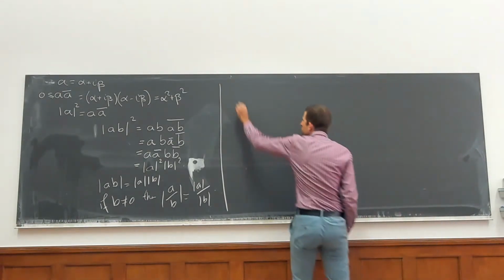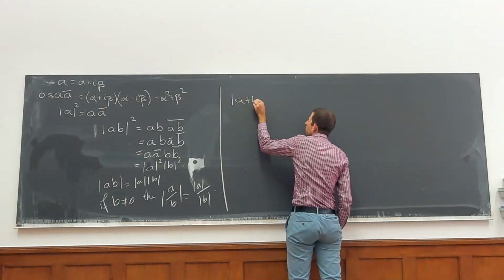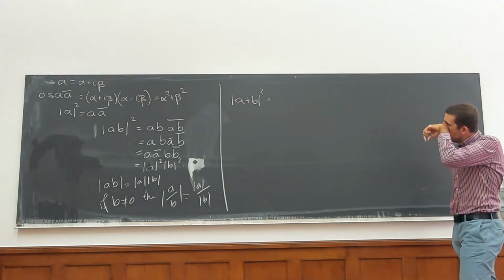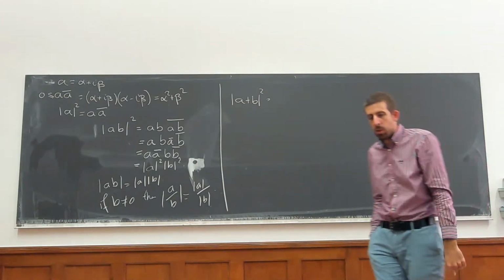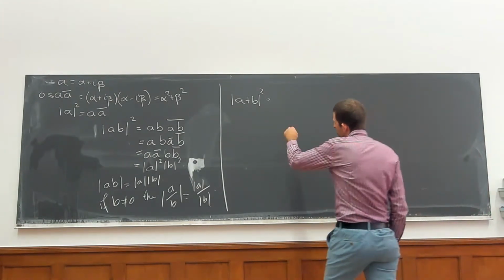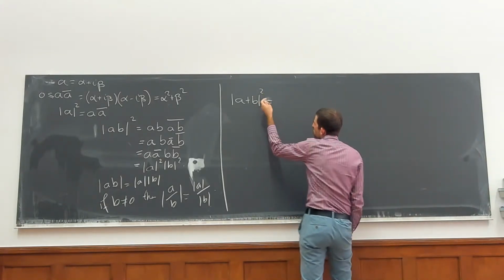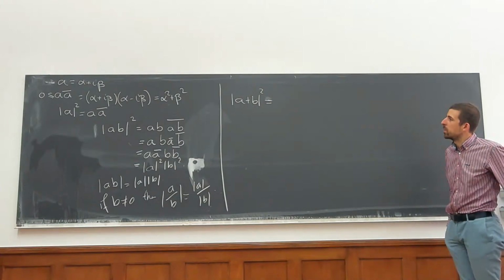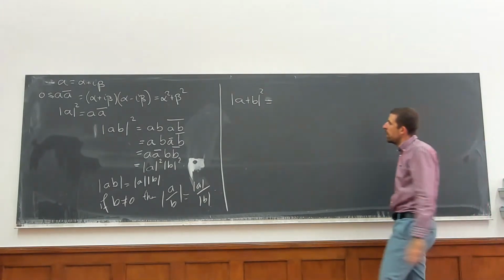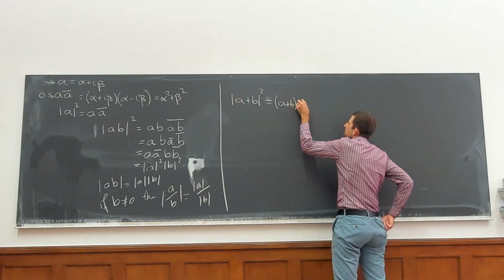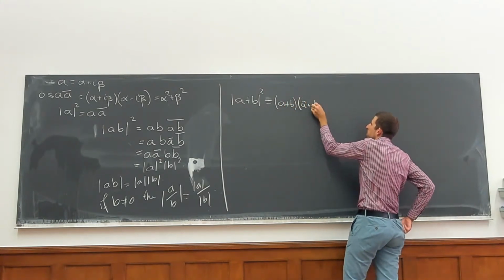Right, but now we can try to see what happens if I take the norm. It's easier to work with modulus squared, so I'll take the squares always to try to see what's going on. If I take the modulus of the sum, then what do I get? I get A plus B times A bar plus B bar.